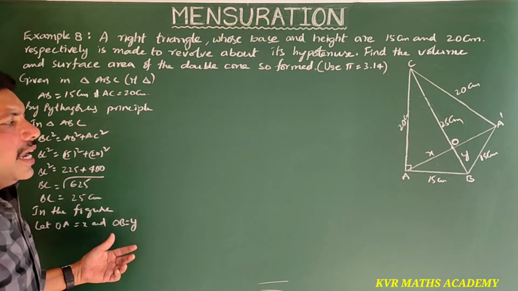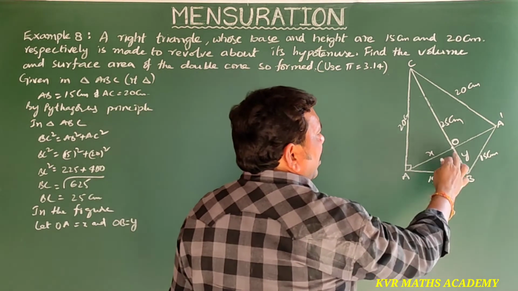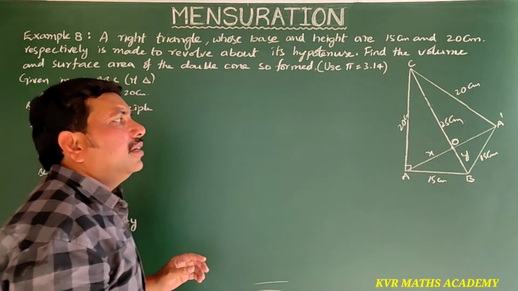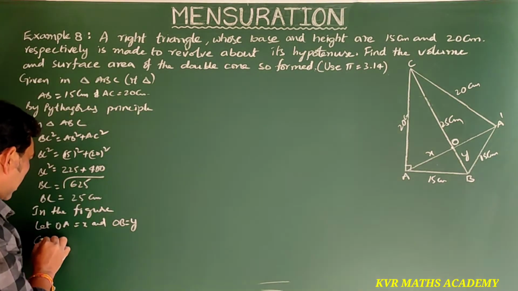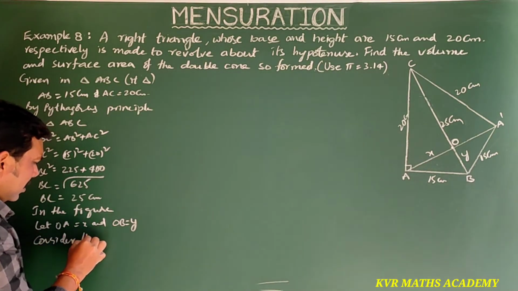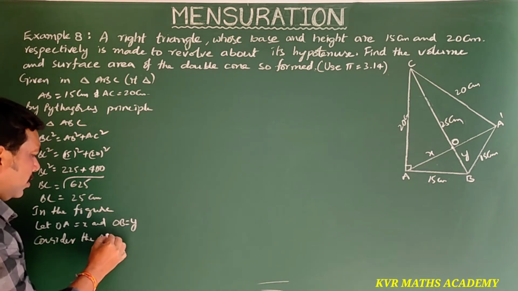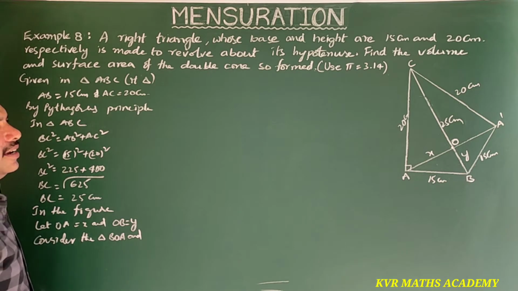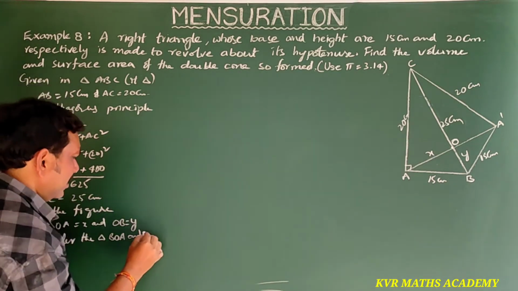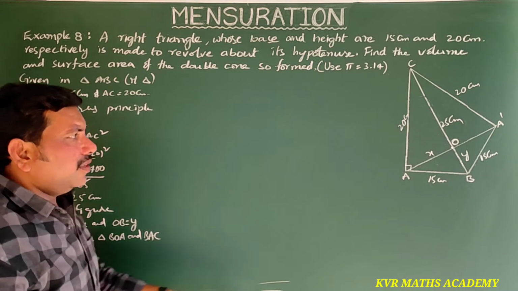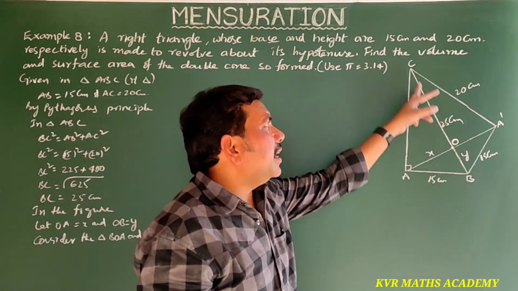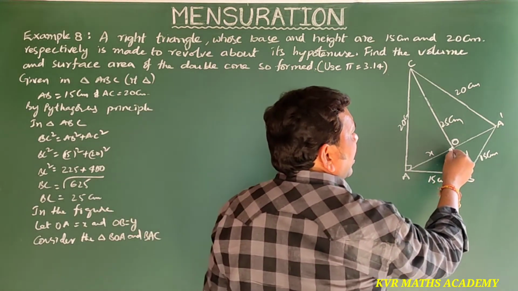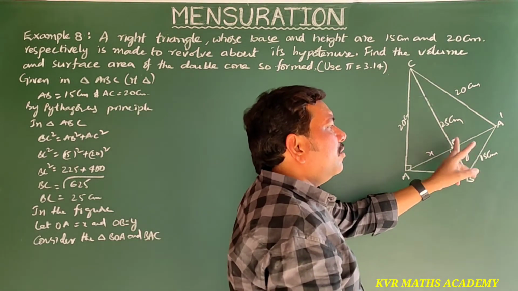Look here, consider the triangles BOA and BAC. BOA and BAC are both right angle triangles. Here they intersect at right angle at O.